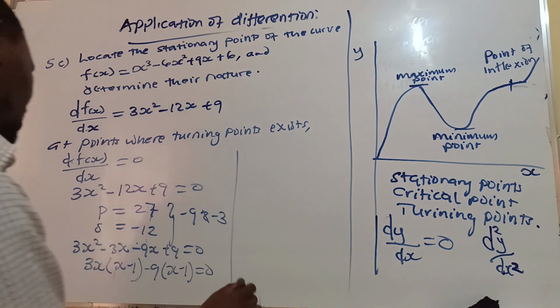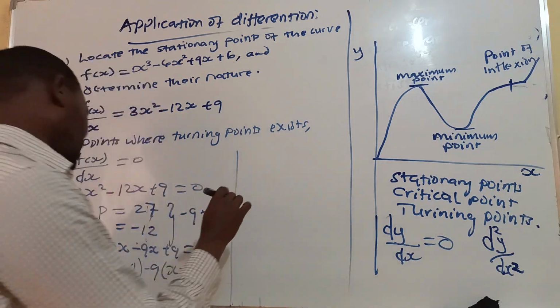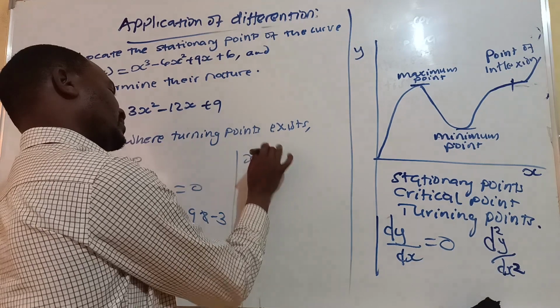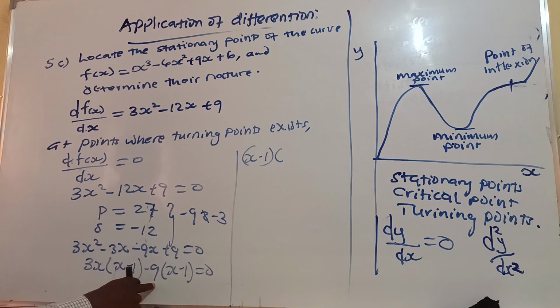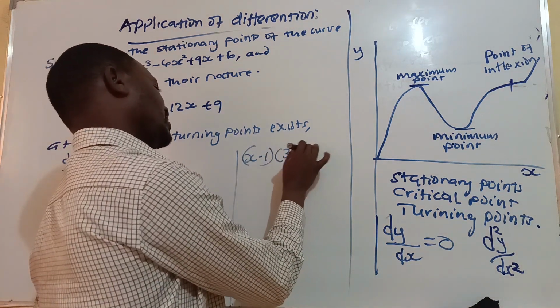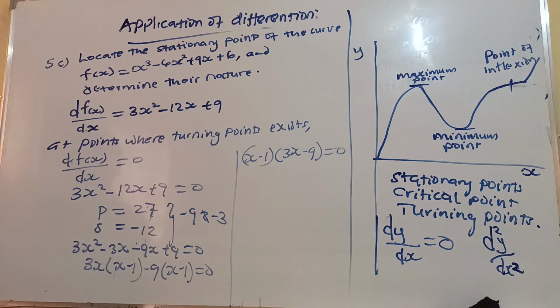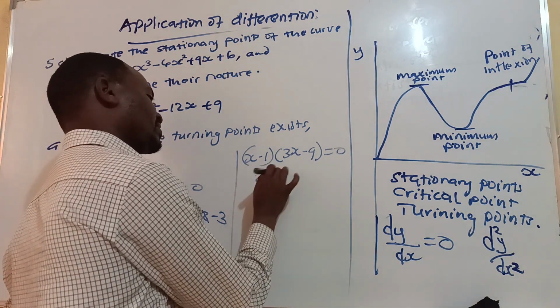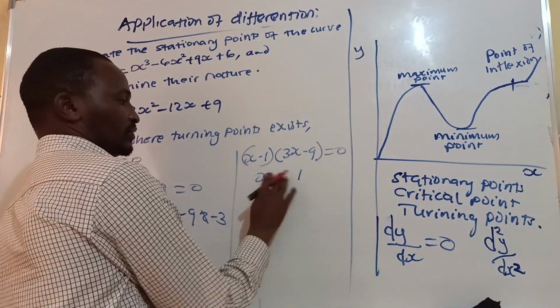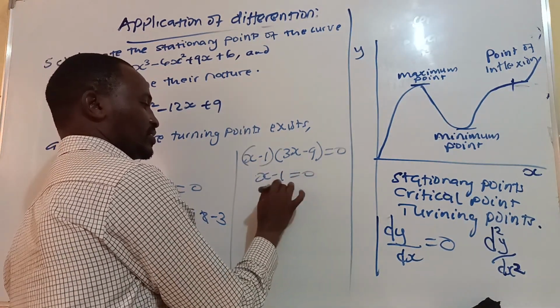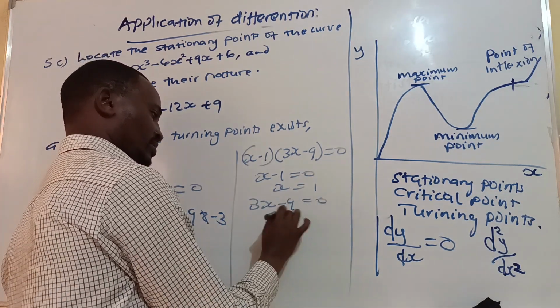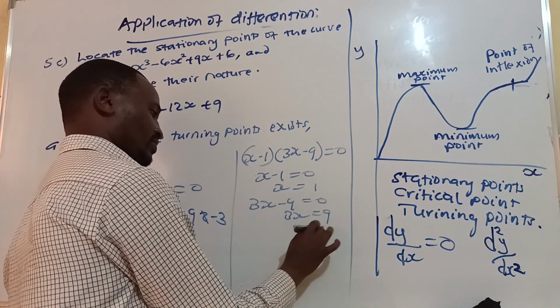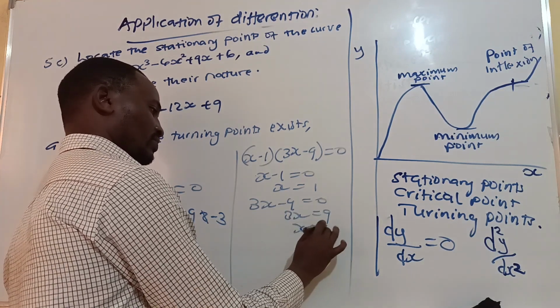From this, you can now factor out x minus 1. Inside the bracket we will be left with 3x and negative 9, equal to 0. So either of them could be equal to 0. x minus 1 is equal to 0, x is equal to 1, or 3x minus 9 is equal to 0, 3x is equal to 9, x is equal to 3.